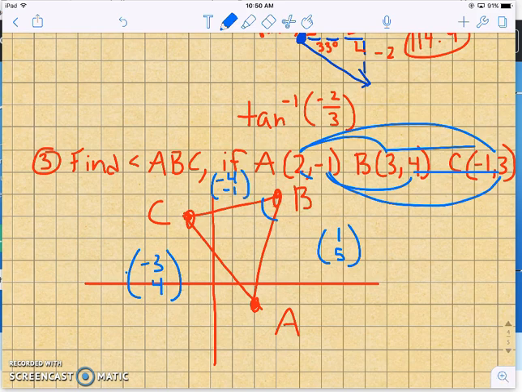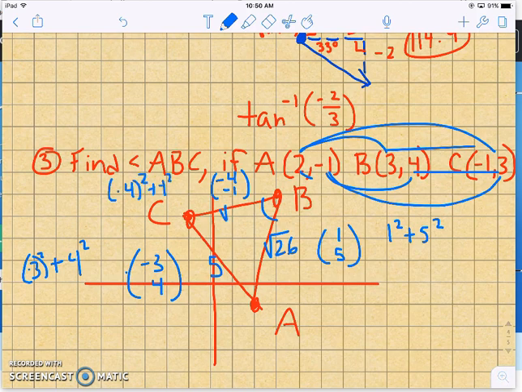And now we have to do the Pythagorean theorem to find those sides. So 1 squared plus 5 squared, that's the square root of 26. -3 squared plus 4 squared, well, that's a 3, 4, 5. -4 squared plus -1 squared, square root of 17.